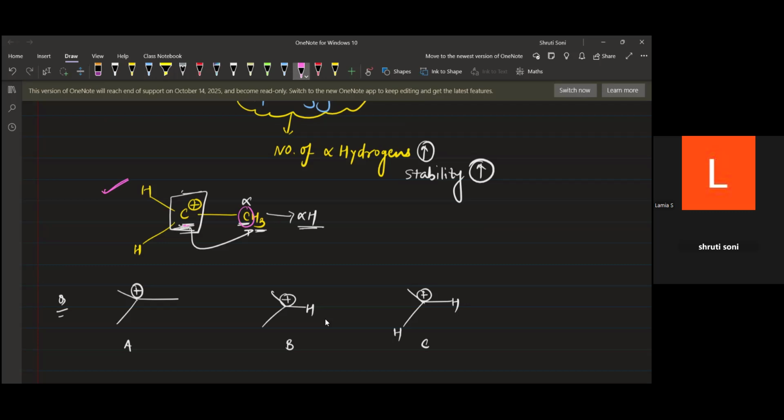One only. And now how many hydrogens does this alpha carbon have? In the structure, there's one direct attachment, right? One directly attached carbon, and how many hydrogens does this carbon have?